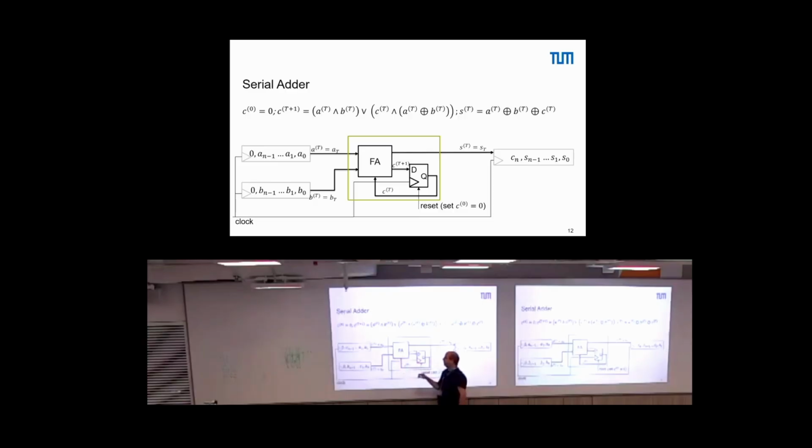Now, in time step 0, we add A0, B0, and generate a carry and a sum bit. We store the sum bit because that's already completed, and the carry is now available for the next time step. In the next time step, we add A1, B1 plus the carry, store the sum bit in this register, and feed back the new carry bit into our circuit.